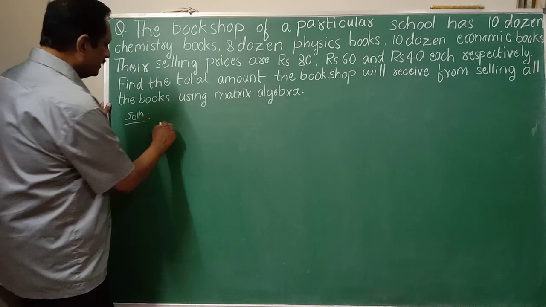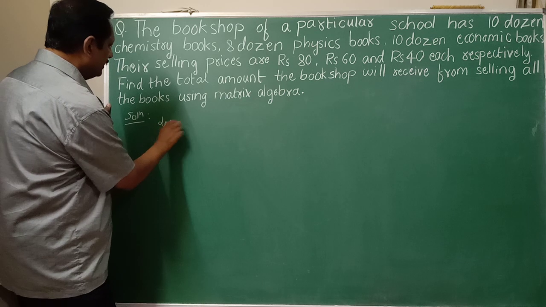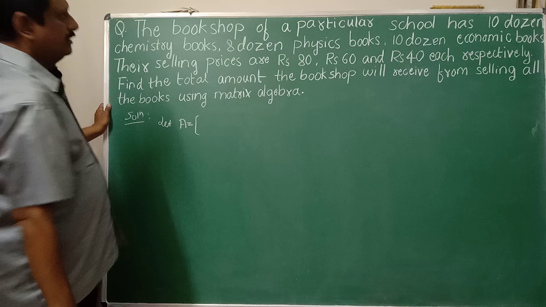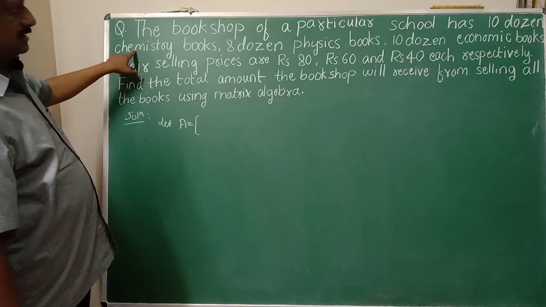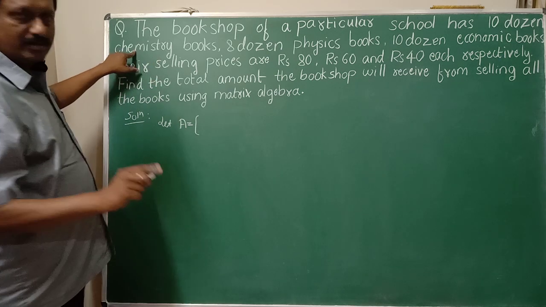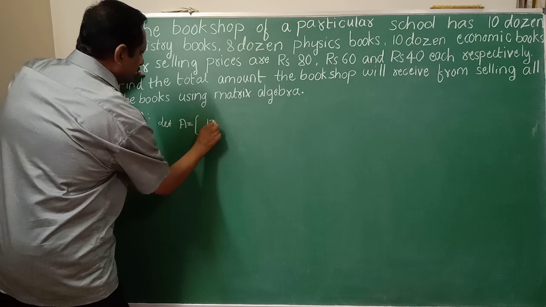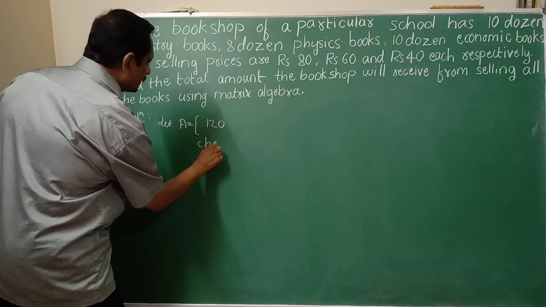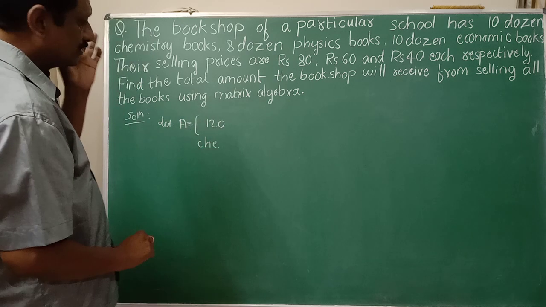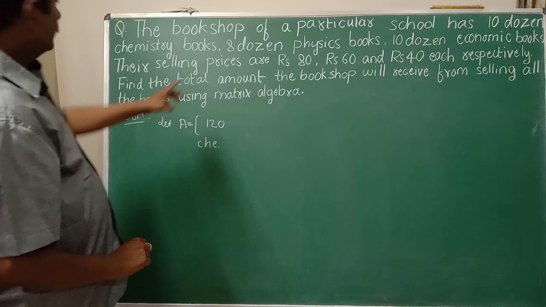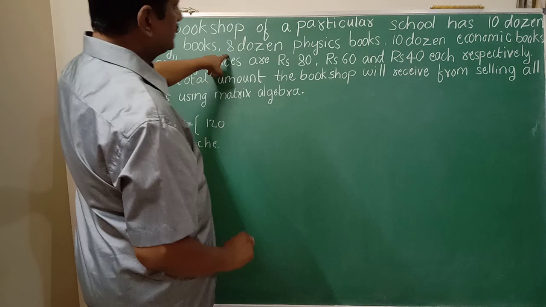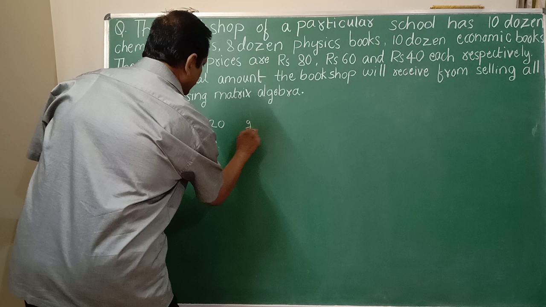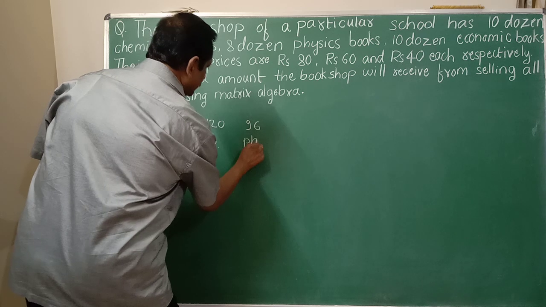Therefore, take a matrix. Let A be equal to: he has 10 dozen chemistry books, so 10 into 12 gives 120 chemistry books. Then 8 dozen physics books, 8 into 12 is 96 physics books.